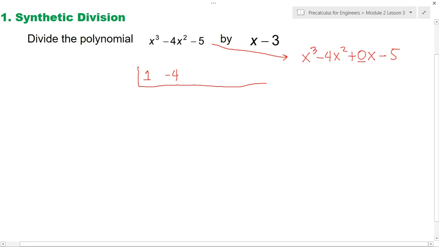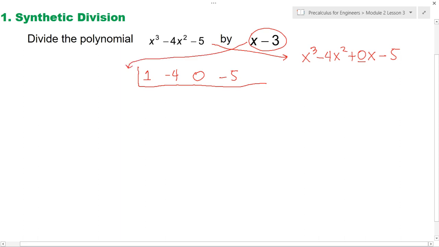So, please provide 0 to those terms that are lacking. So here, lacking yung x, so just put 0. So put 0 kasi yung next ng x squared is x, then the constant which is -5. For our divisor, this will be put here.